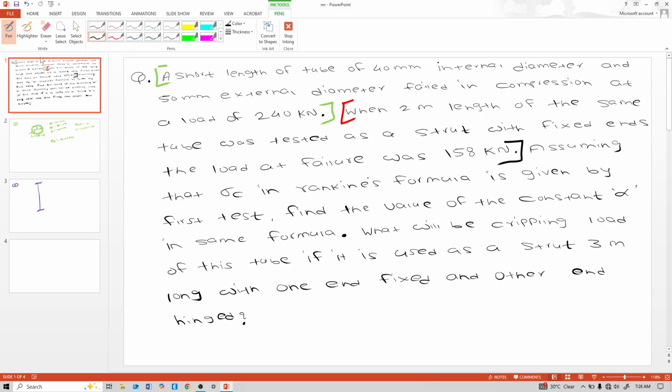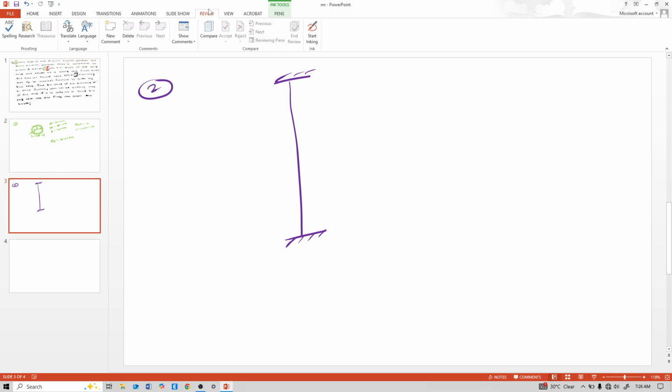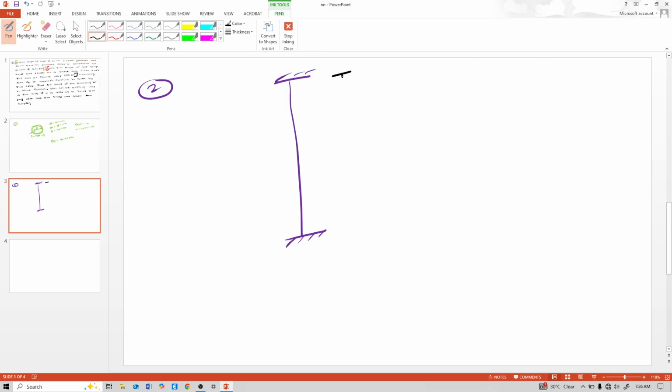Okay, wait for a second. Assuming that sigma c in Rankine's formula is given by first end. Okay, this is correct. Actual length is 2 meter. Actual length denoted as capital L. And see, for that shape, how is that buckling behavior like that.